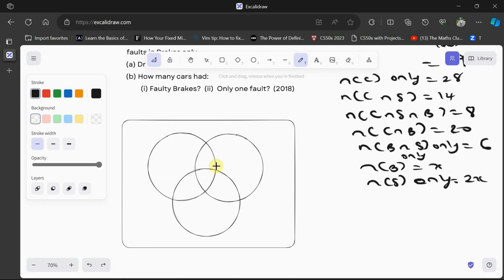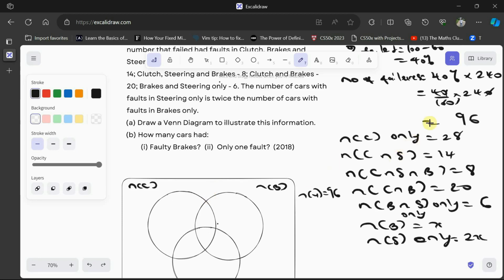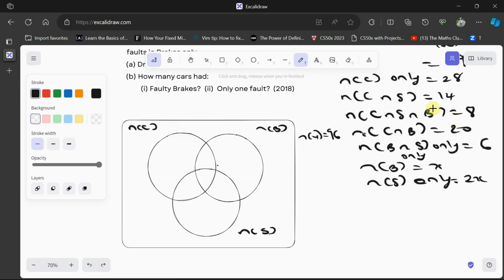So this guy here is our clutch, this guy here is our brake, and this guy is our S, and then our universal set, N of U, is equal to 96 from what we had here, because number of failures was 96. So number of clutch only is just this part outside of the intersection, and we know that's 28.